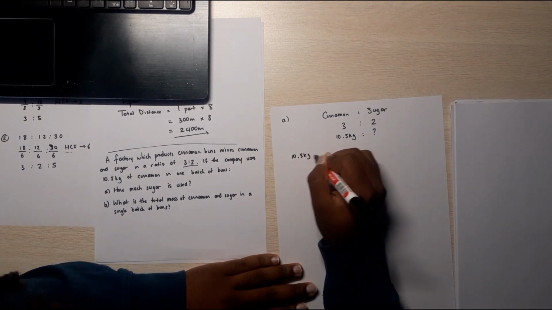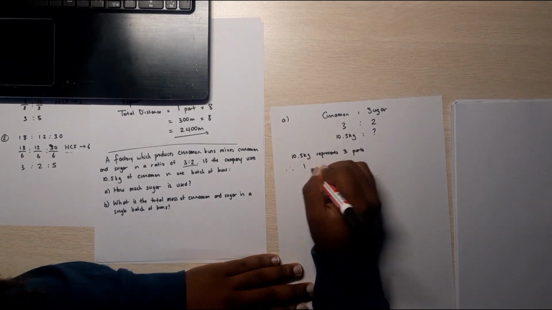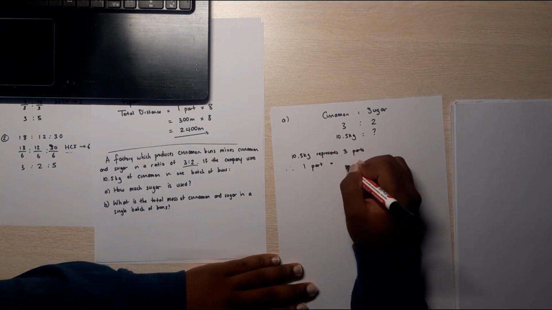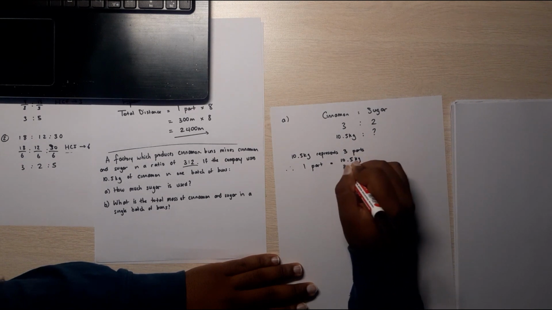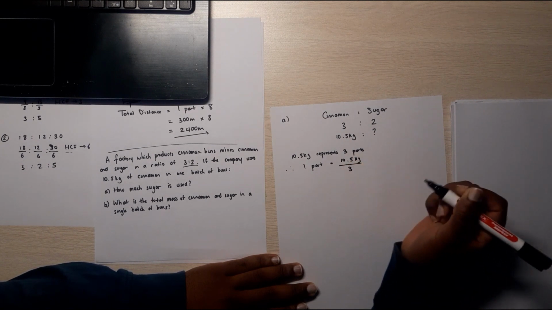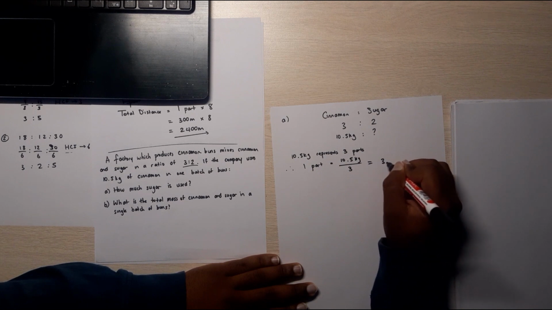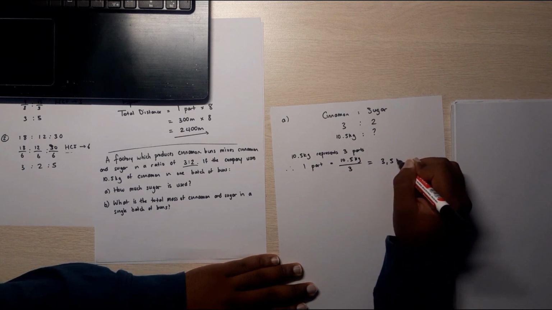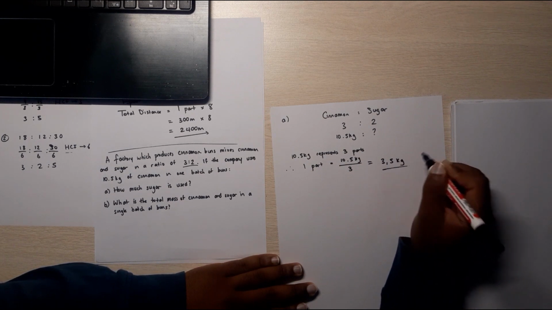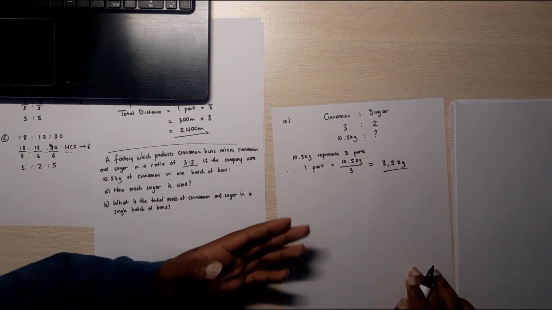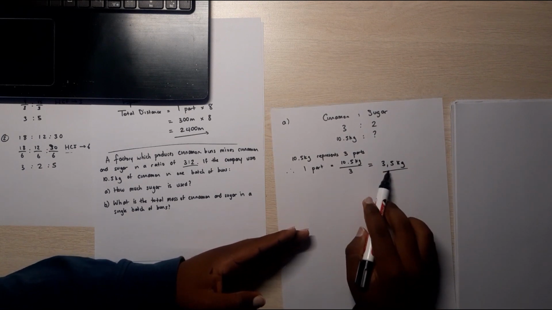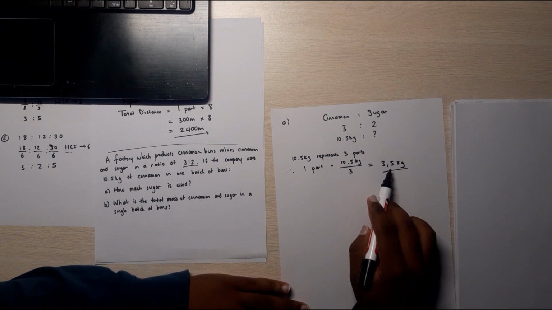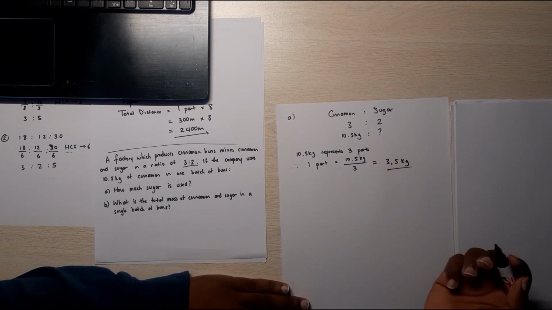So 1 part is 10.5 kilograms divided by 3, which is 3.5. So we know that 1 part is 3.5 kilograms, and sugar is 2 parts.